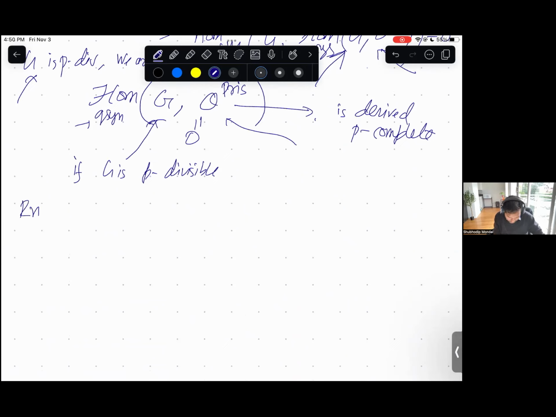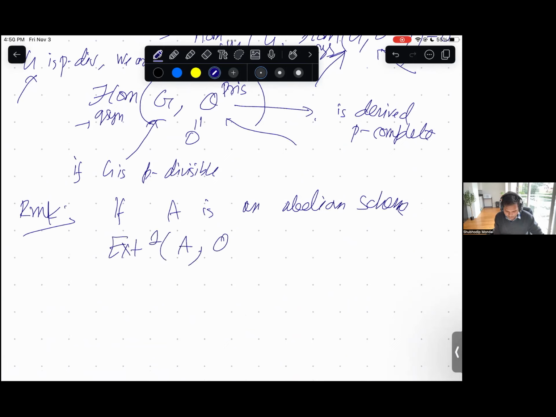So I guess I'll mention as a remark that if A is an abelian scheme, similar arguments work, but one has to take care of the vanishings as well.